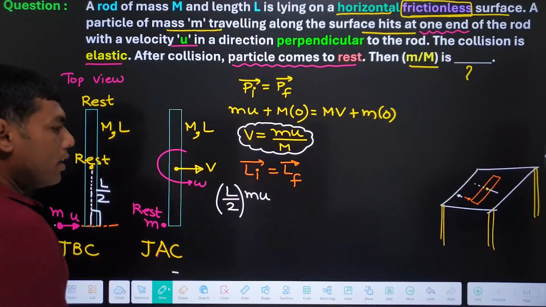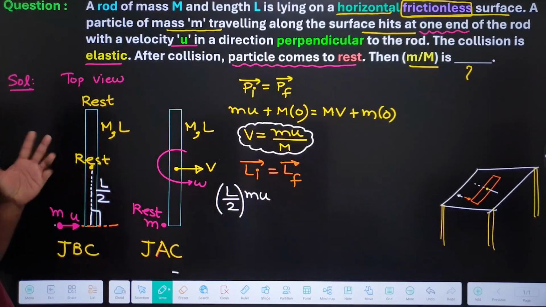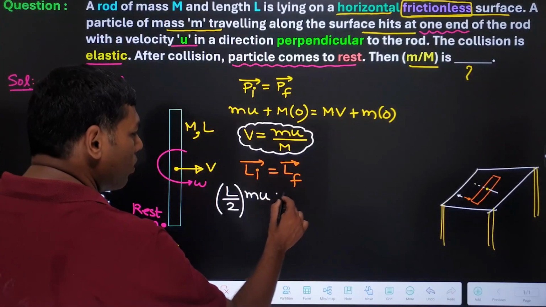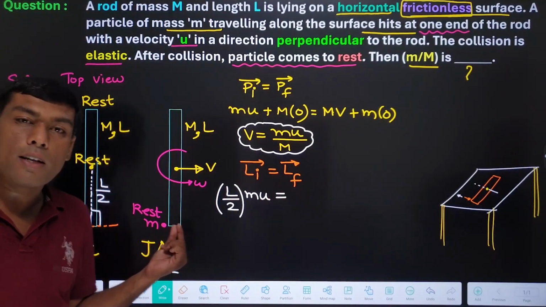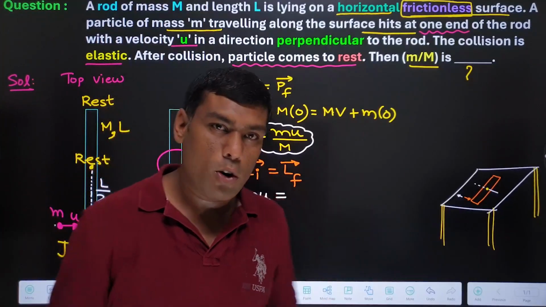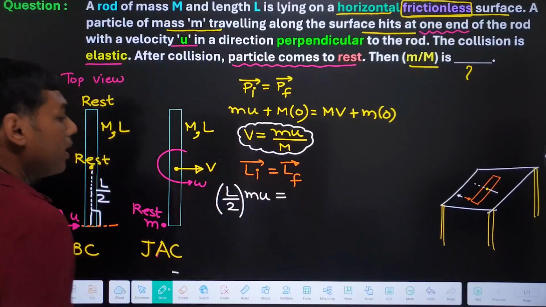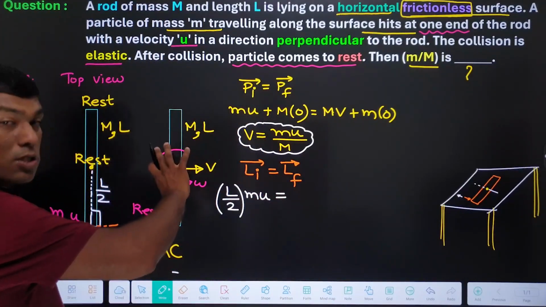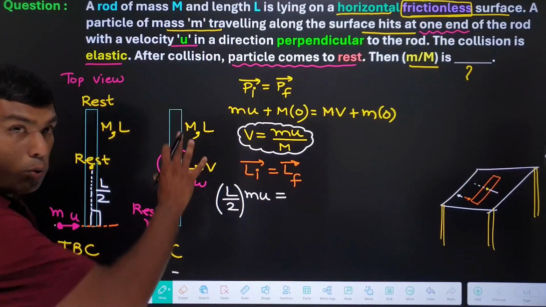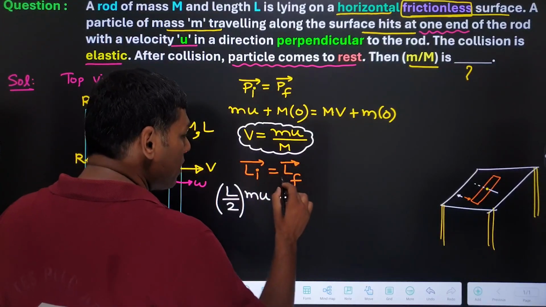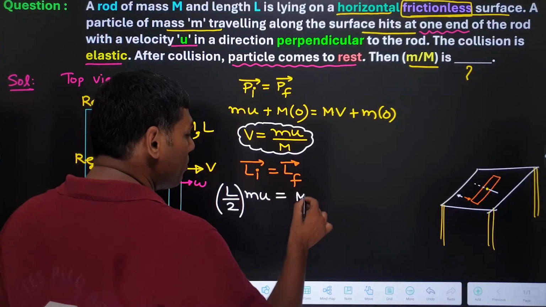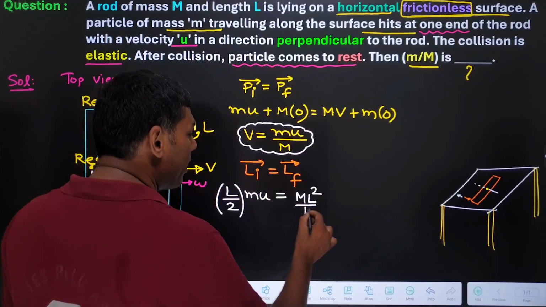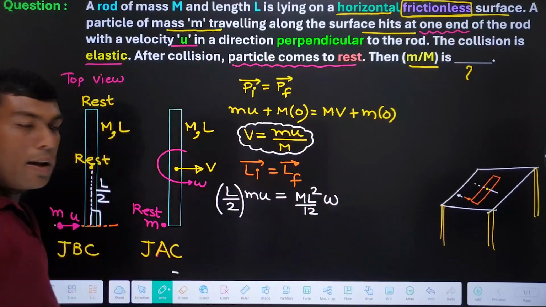Okay. Now the rod was at rest, so no angular momentum initially for the rod. L initial is equal to L final. This point mass comes at rest, so no angular momentum for that point mass, and this rod spins with angular speed omega, so its angular momentum we will be writing as mL square by 12 omega.